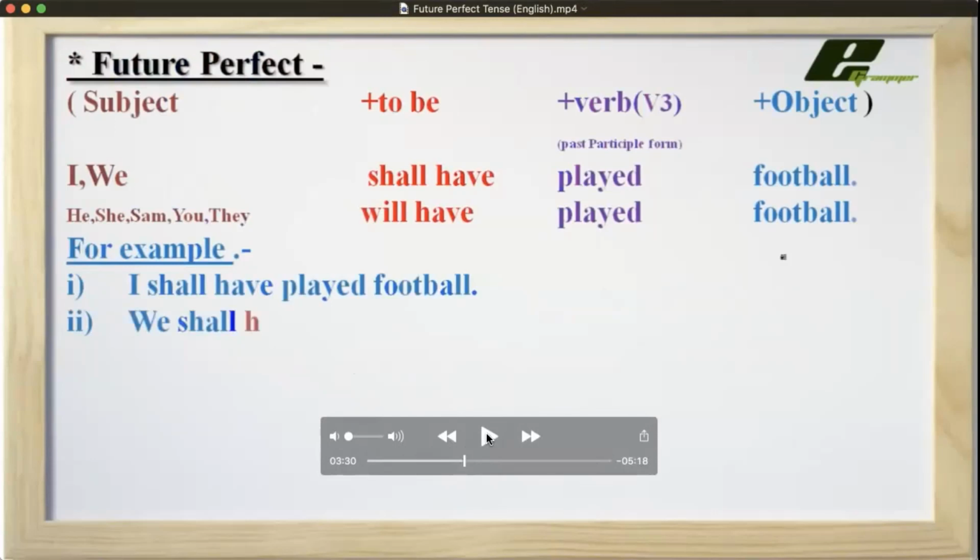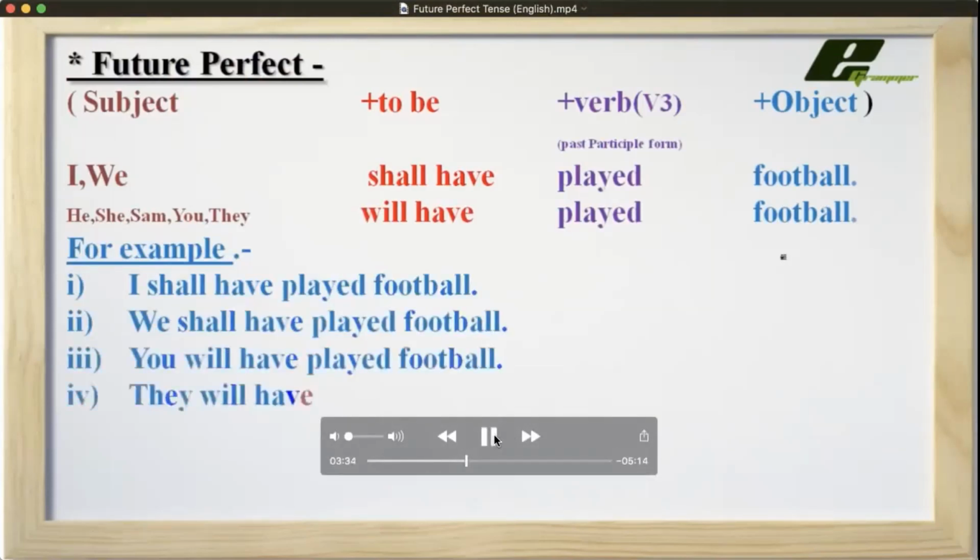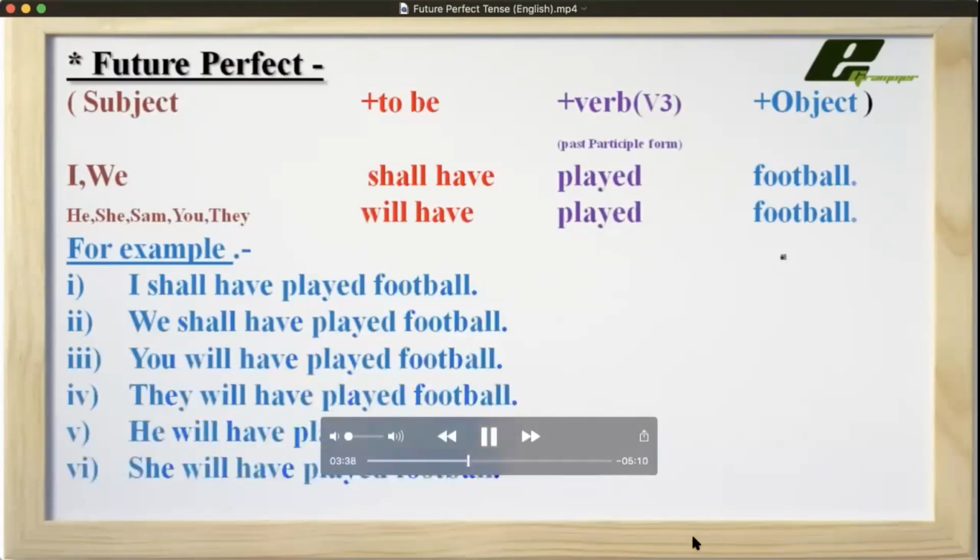I or we shall have played football. He, she, Sam, you, they will have played football. You will have played football. They will have played football. Here it is written for all persons.